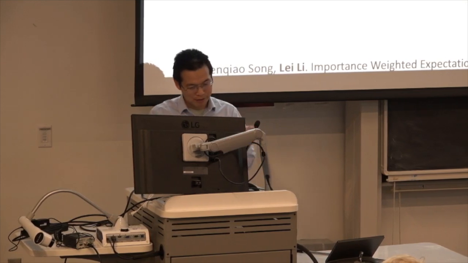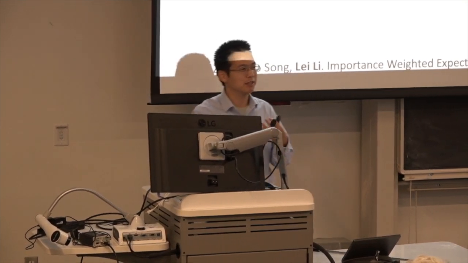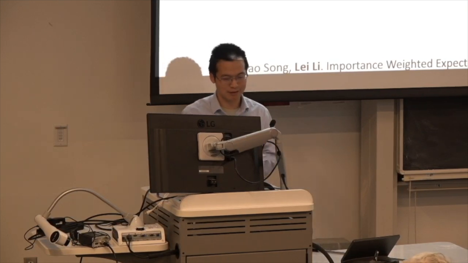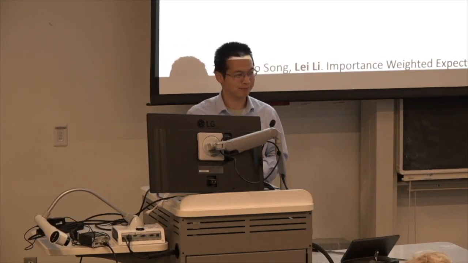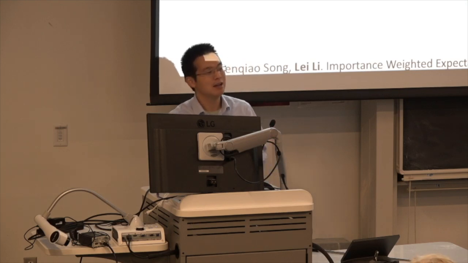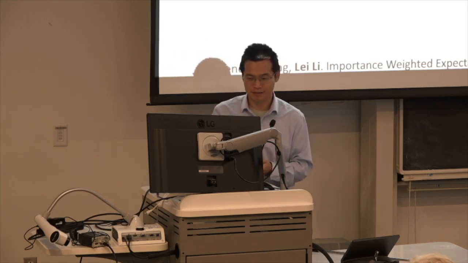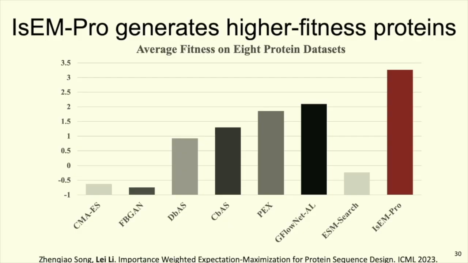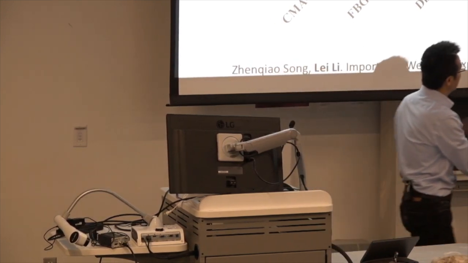Then it will be more likely to generate natural proteins that look like the natural proteins in our database. So once we have that, we can generate much higher quality proteins. How does it work? We measure the average fitness value here. The y-axis is the fitness score. The higher, the better. And these are different algorithms.